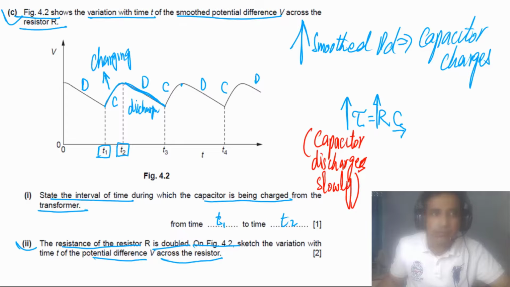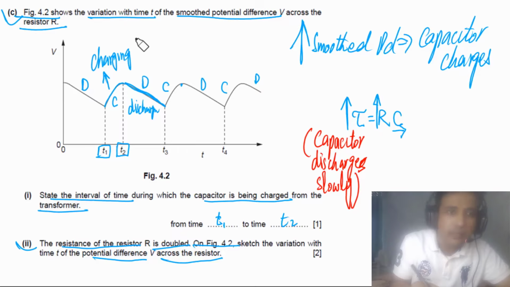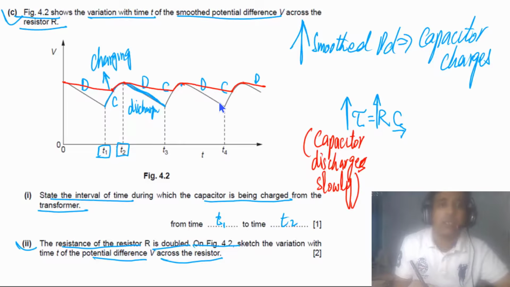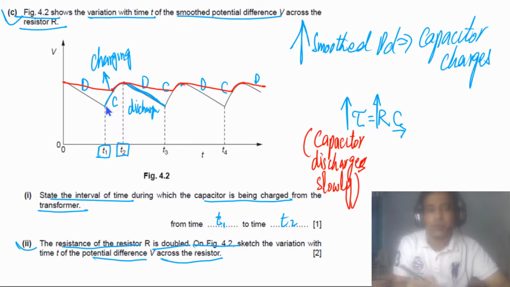Here it will charge, then again it will discharge, and again it will charge, and again it will discharge, and again it will charge, and again discharge, and so on. So this is how you need to sketch.